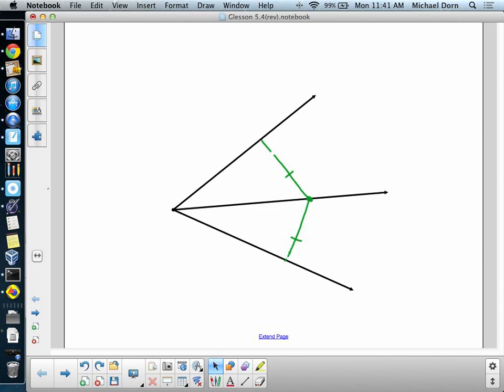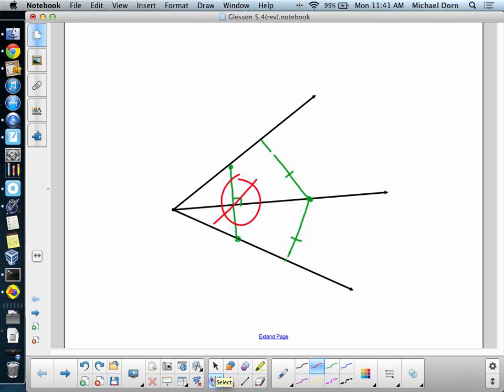Distance is only measured at a right angle from the point to the side. We also do not measure the distance at a right angle to the bisector. Okay? That's a no. We don't do that. We measure the distance at a right angle to the sides. And every point on that angle bisector is equidistant from the sides.